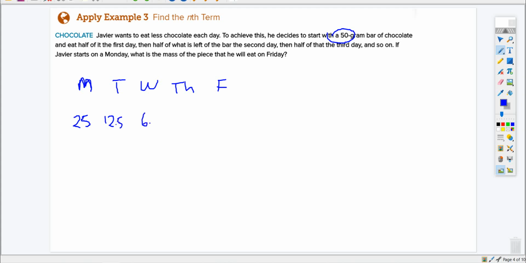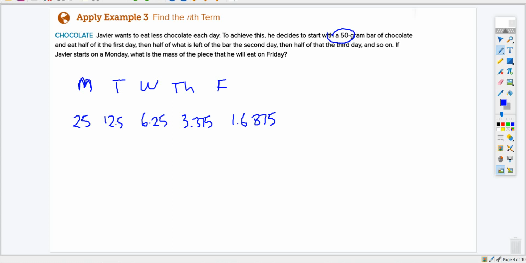And Wednesday, 6.25, because it's half of the other one. And the other day, if you divide 6.25, we will get 3.375. He eats 3.375 grams of the chocolate on Thursday, and on Friday half of this one, I think it's 1.6875. So this is the amount that he is eating on Friday.